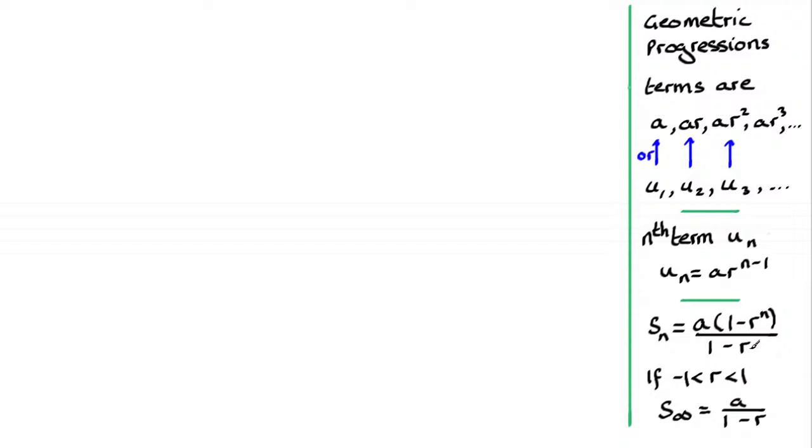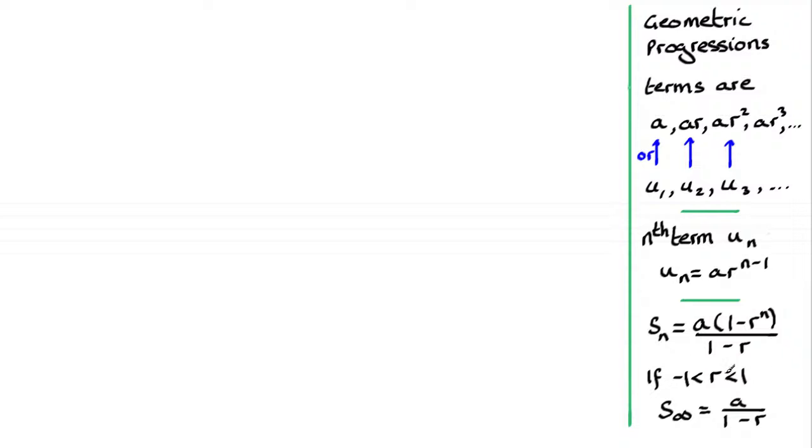If you multiply top and bottom by -1, you'll see a times all of r to the power n minus 1, all over r minus 1. You'll get exactly the same answer. But I like to use this formula when r is less than 1 and reverse it round if r is greater than 1. But it doesn't make any odds.